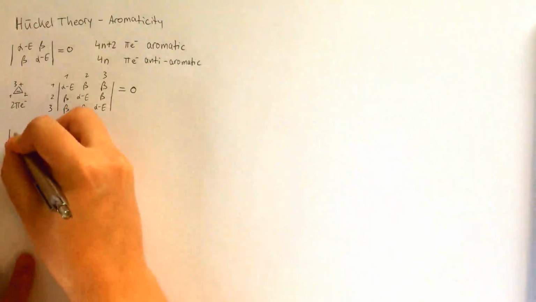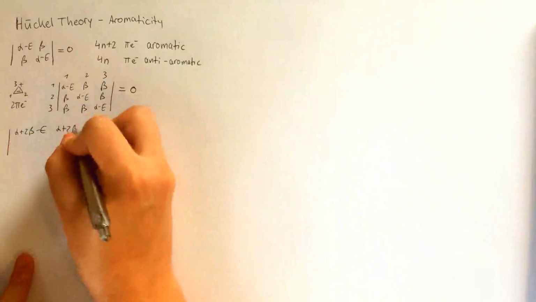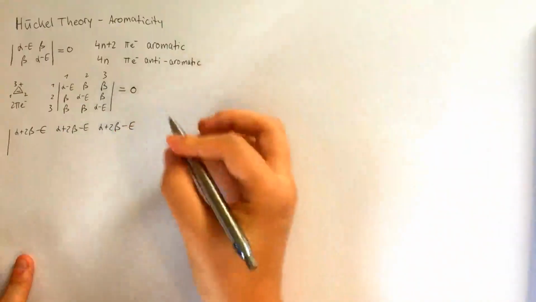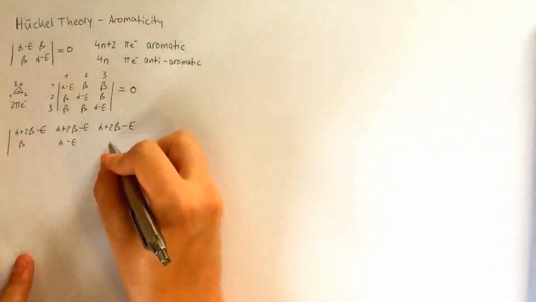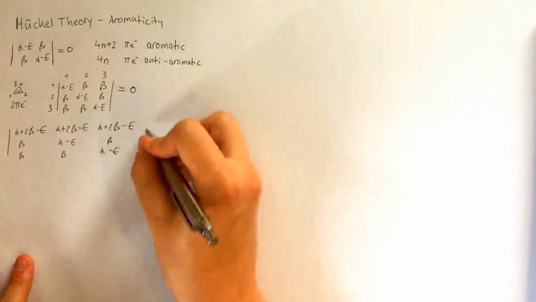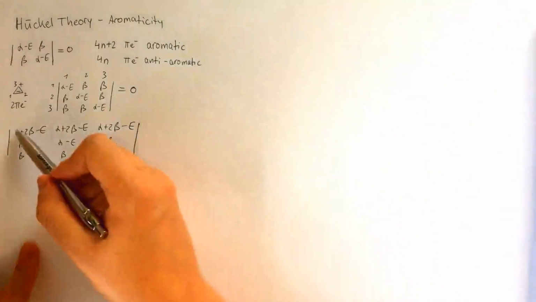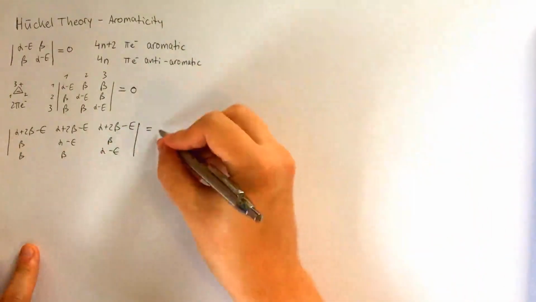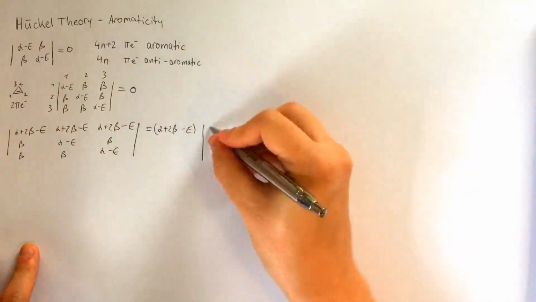If we do this, we get alpha plus 2 beta minus E, alpha plus 2 beta minus E, and alpha plus 2 beta minus E. The next two rows stay unchanged, so beta, alpha minus E, beta, beta, beta, alpha minus E. What this allows us to do is to factor out alpha plus 2 beta minus E, and we're left with a determinant that looks like this.